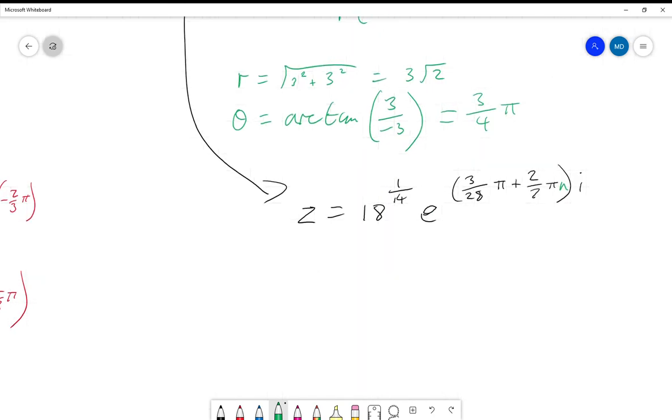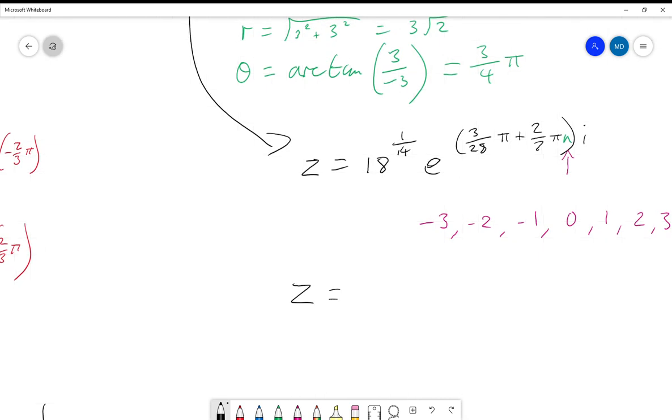And now, this is our answer. We just need to put in 7 consecutive values of n. And again, recommended would be -3, -2, -1, 0, 1, 2, and 3. 7 consecutive values of n in order to get our 7 different roots.